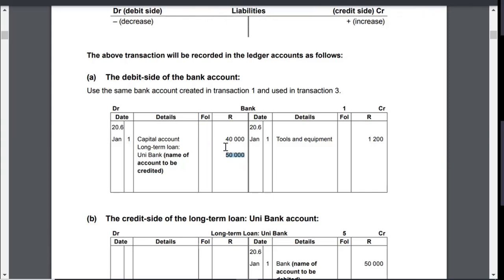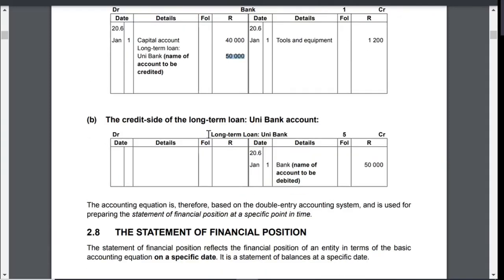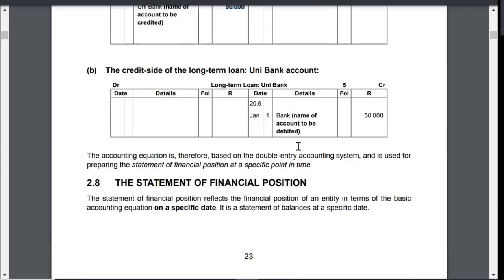So in this case, the asset is increasing, money came in because BS Electrical went and took out a loan. And the long-term loan is increasing because now BS Electrical has a loan for 50,000, which is increasing the long-term liability of BS Electrical.